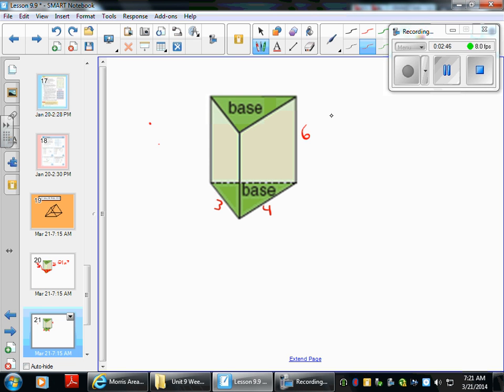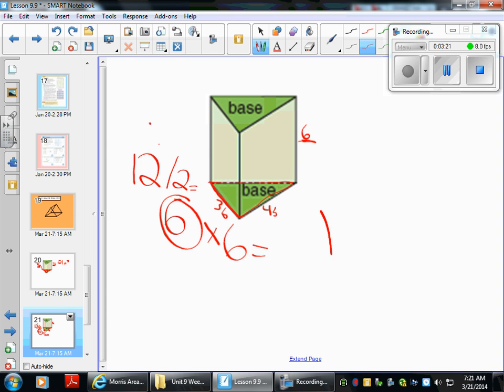Well, if it only gives you the numbers, then you have to solve the area of the base. I look at this base, it's a triangle. So I'm going to take the base right here, the height right here. 4 times 3 gives me 12. Since it's a triangle, I have to divide by 2. So the area of my base is 6. You cannot forget this step. You have to divide by 2 when you have a triangular prism. So you have 6, the area of our base. Now we multiply it by the height, which on this problem was 6.